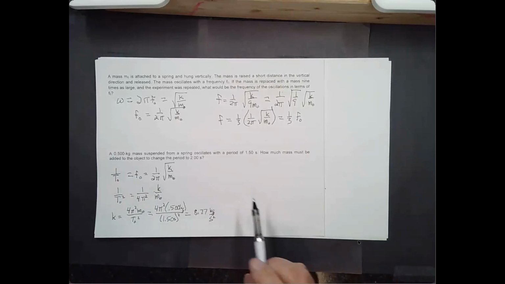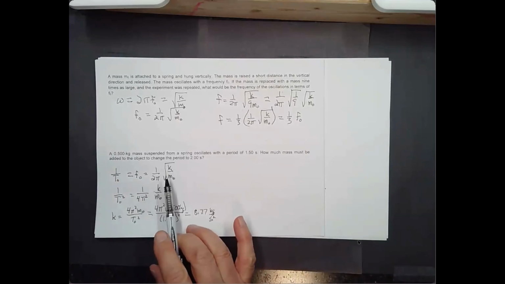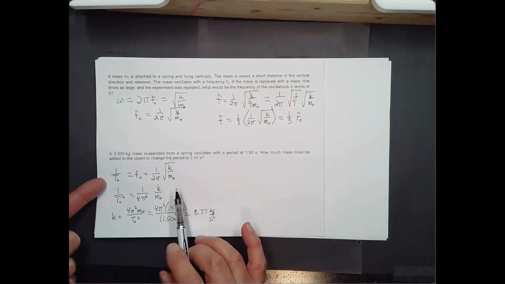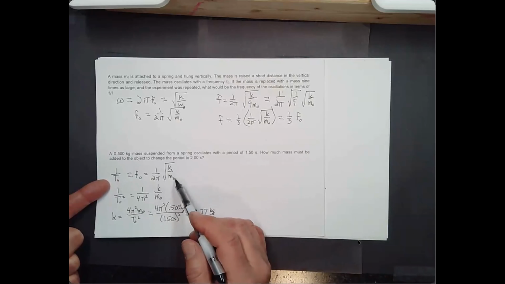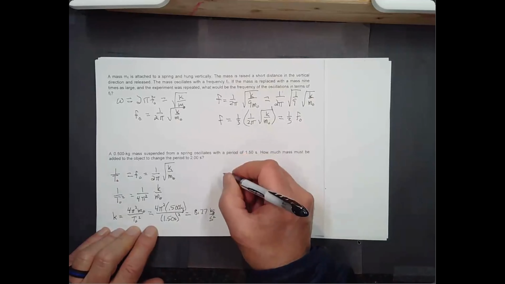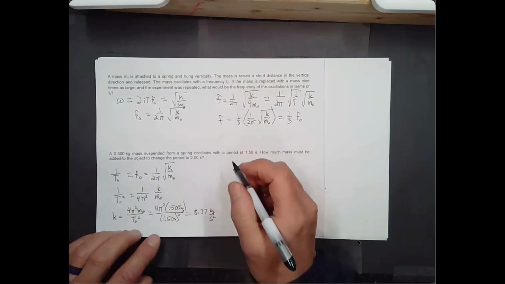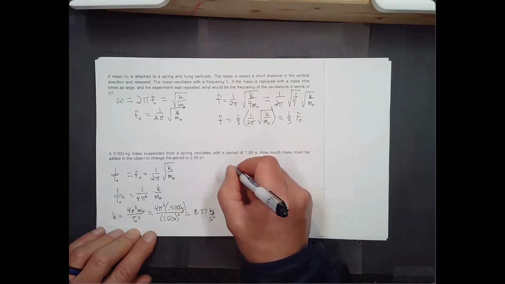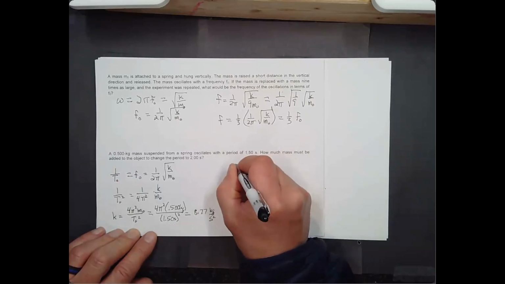Then it asks, how much mass must be added to the object to change the period to 2.00 seconds? Well, now we've got a new period, and we want to know how much mass. We know what the spring constant is, so we can work with this original equation. I'll just leave the period where it is, and we can do a little bit of work with that.